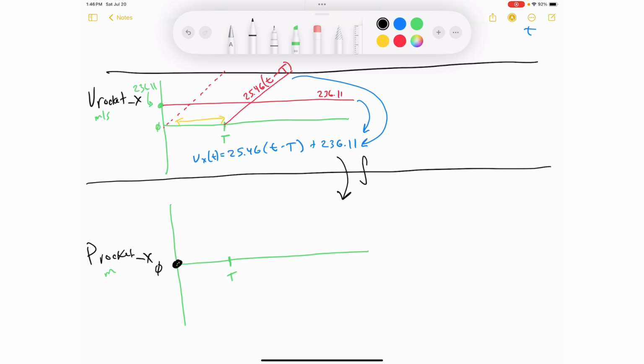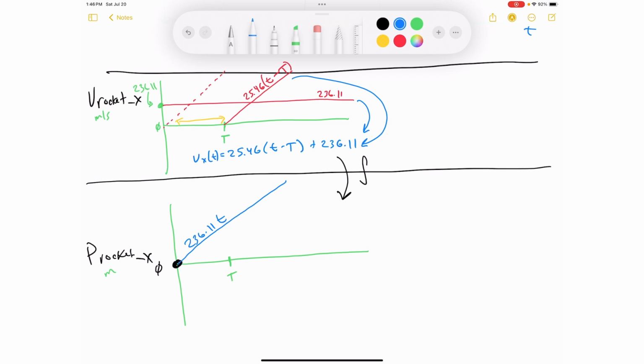So let's take the 236.11 in the velocity at the top, the one that's horizontal, and integrate just that one. If you integrate just that function, 236.11, you end up with 236.11 t.